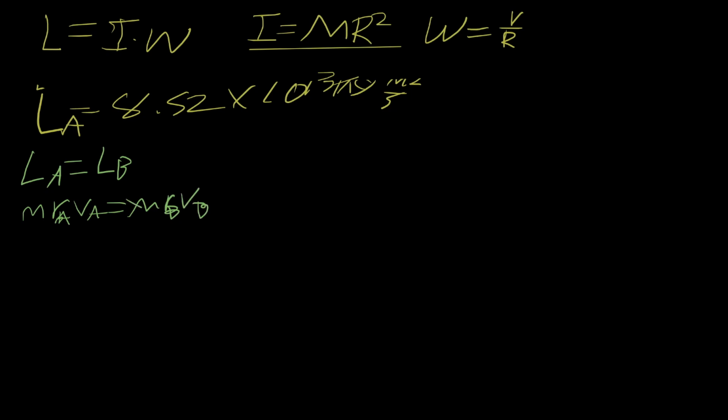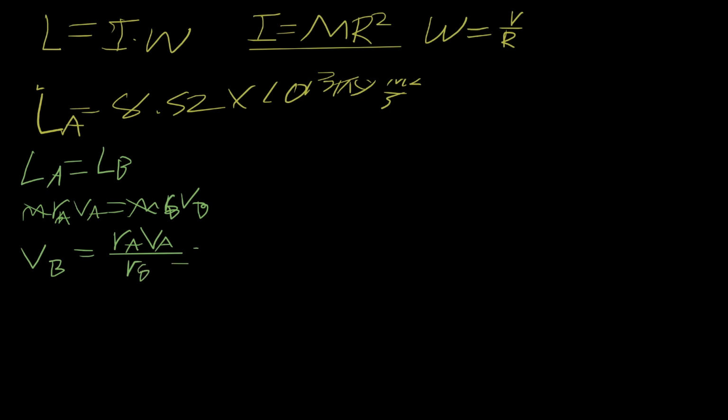Now we know that the masses cancel out, but we're not going to cancel them out, since I guess we can, why not? So we're going to solve for V of B, which is going to be R of A times V of A divided by R of B, which is going to give us a value.